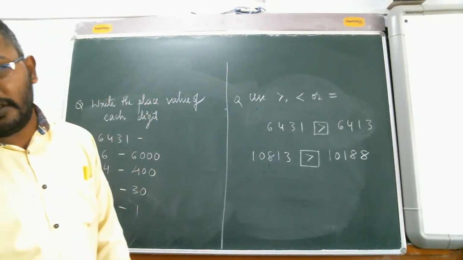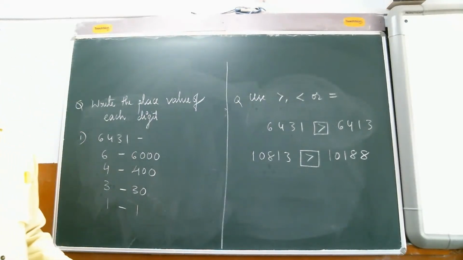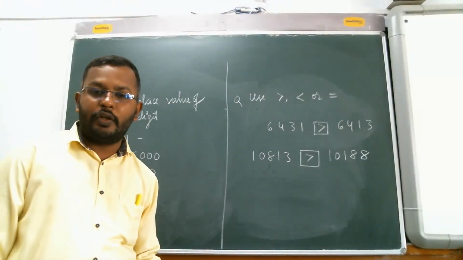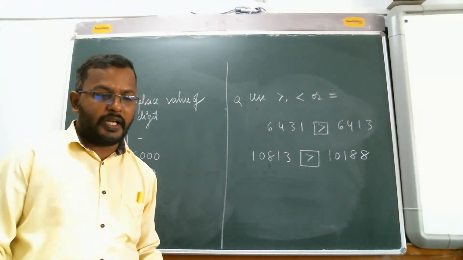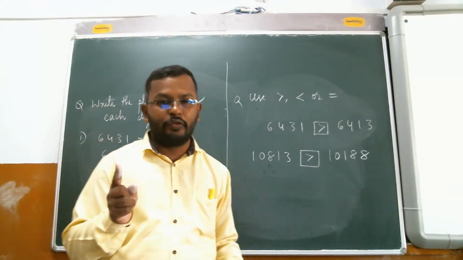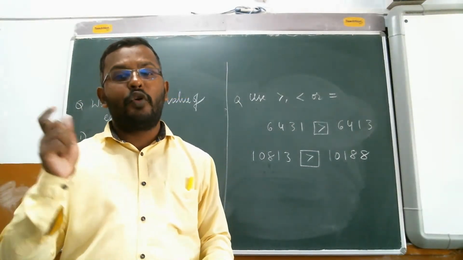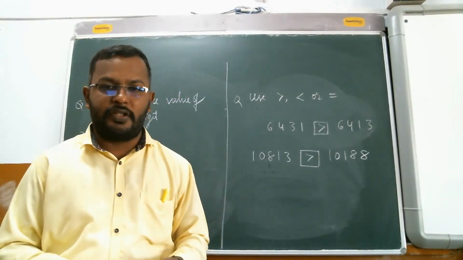Okay. So now let's take the next type of questions, that is arranging the numbers in ascending order and descending order. Only the last two topics are left out from chapter number 1 and chapter number 2, because chapter 1 and chapter 2 both have similar questions.